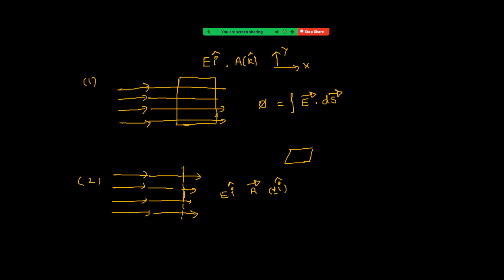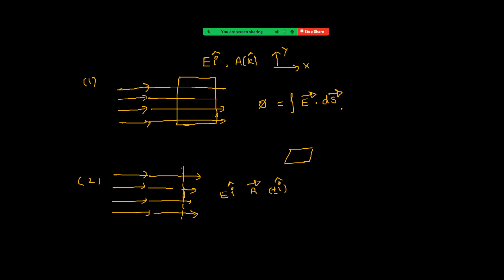So i cap dot i cap. That means when the field is normal to the plane, I am repeating, when the field is along the normal to the plane, in that case flux will be maximum. Getting the point, it means the angle is 0.